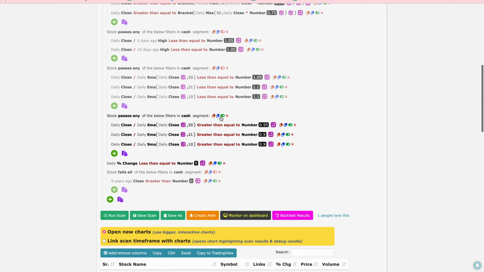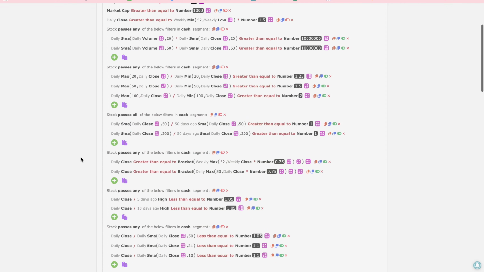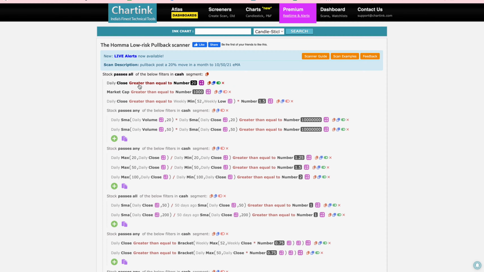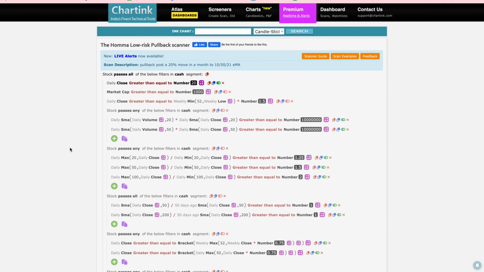So I'll first switch everything off, and then one by one we will open. Number one is daily close greater than 20. So anything with a price lower than 20 will not come in the scanner, and that removes almost 2000 stocks in the NSE, listed on NSE, right?